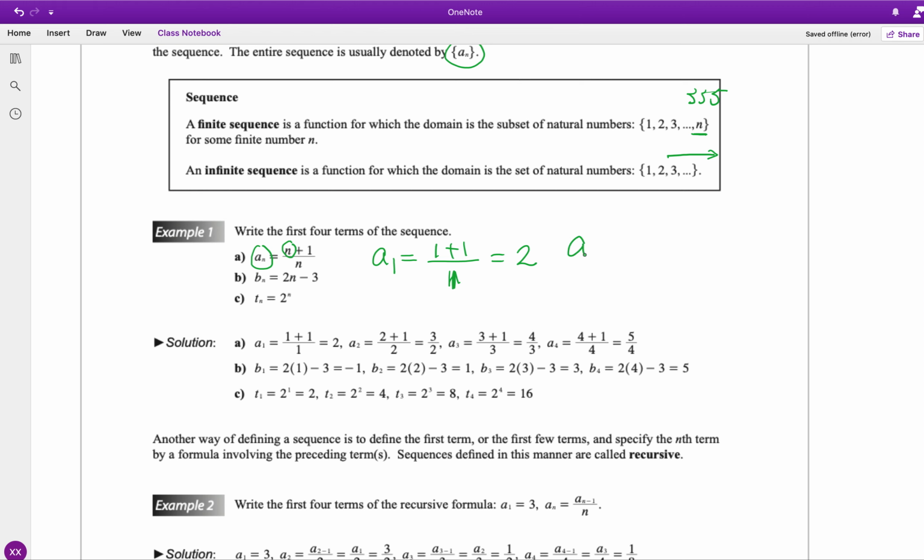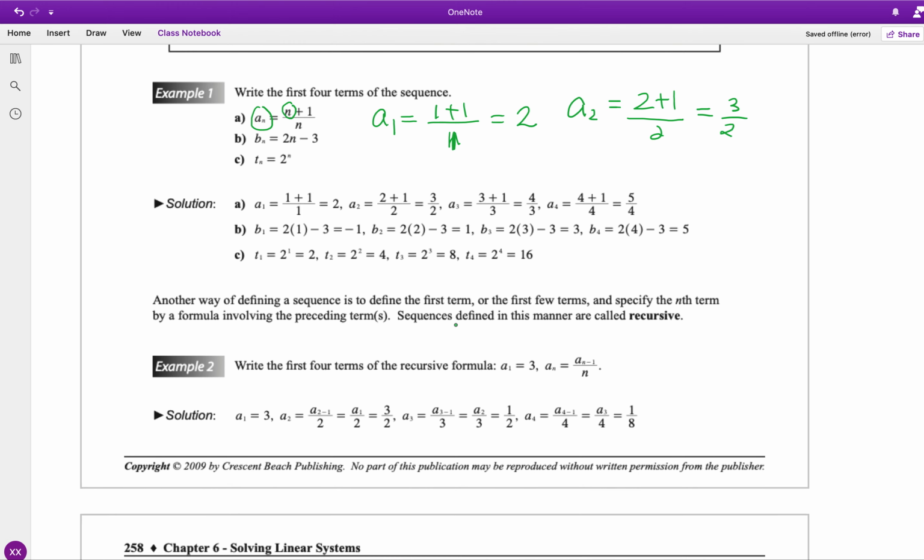What is A2? Then n is 2, so 2 plus 1 divided by 2, which is 3 over 2. So this is the first term, this is the second term, then you can go on to do your third term and fourth term. It's a little bit tedious, but when you read the textbook, please also try these two by yourself.